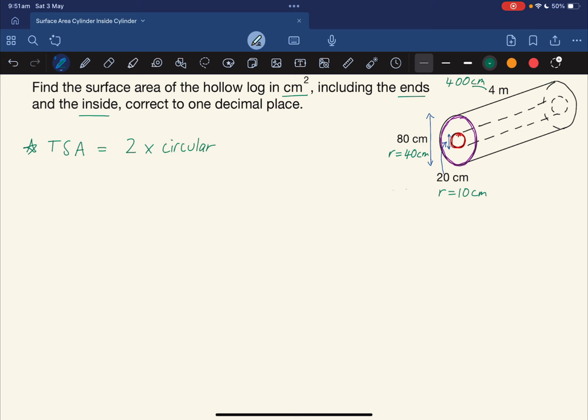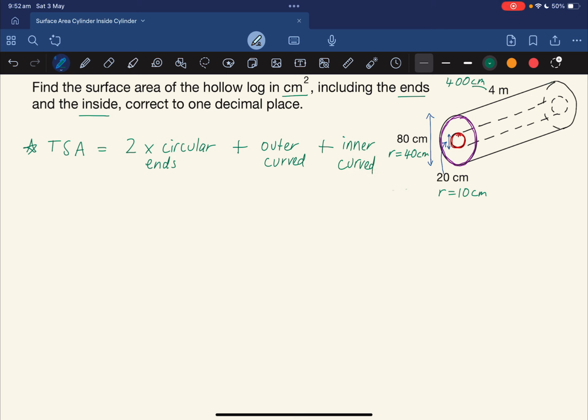We'll deal with them later. And then we have our outer curved bit. See that bit that wraps around the outside? So I'm just going to call that outer curved. And then they also want us to include this inner curved bit. So we're just coming up with a wordy formula to guide us, and we're going to keep coming back to it.